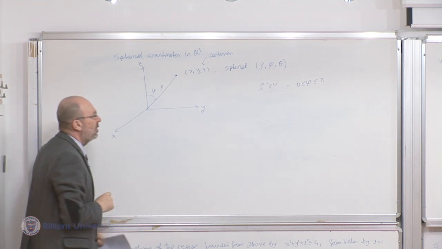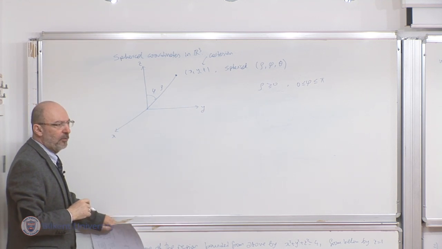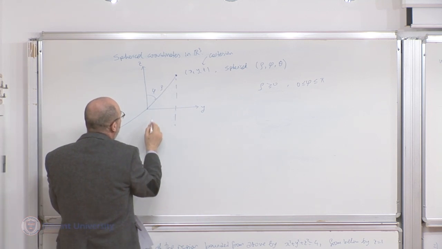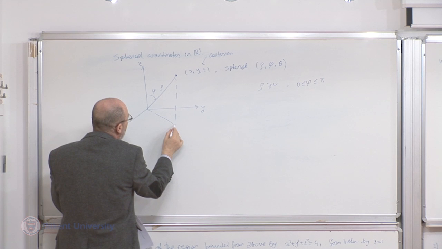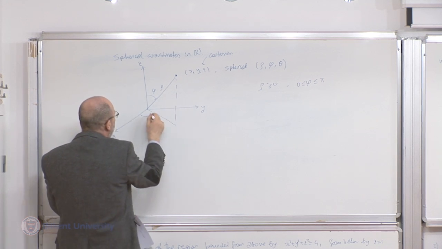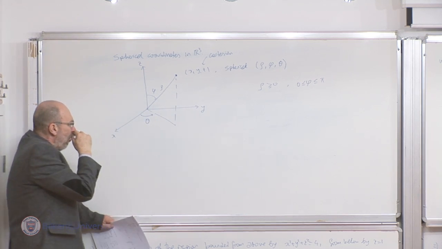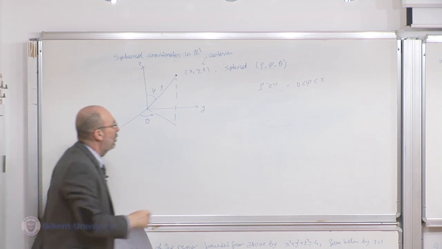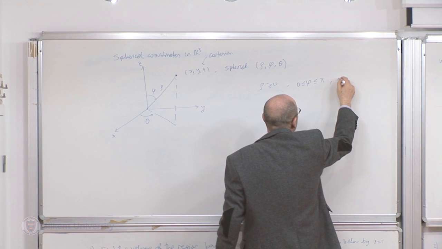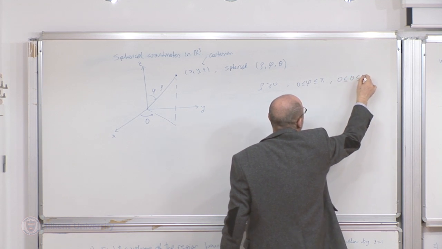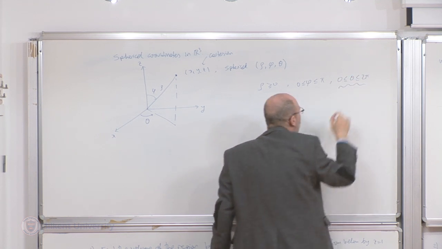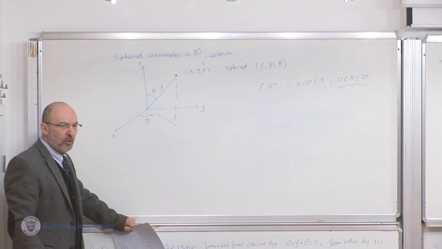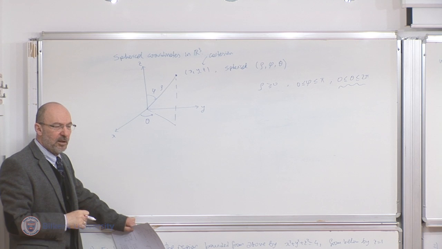And theta is the theta of the polar coordinates. So you drop this here, and then you have the image of this here. This angle is theta. So theta can be anything between 0 and 2 pi. We write theta between 0 and 2 pi, but generally we don't insist on this much, because we understand what theta is telling us.